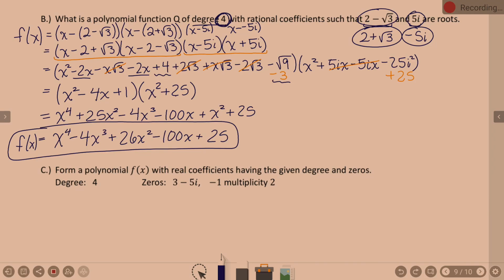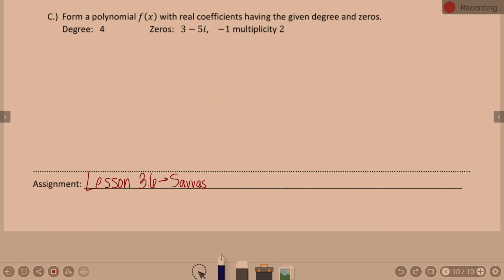This last one, it says degree 4. If it's saying degree 4, how many factors should I have? 4. Okay. They give me a 0 of 3 minus 5i and negative 1 multiplicity of 2. If they give me 3 minus 5i, we're smart cookies and we know there's going to be a 3 plus 5i.